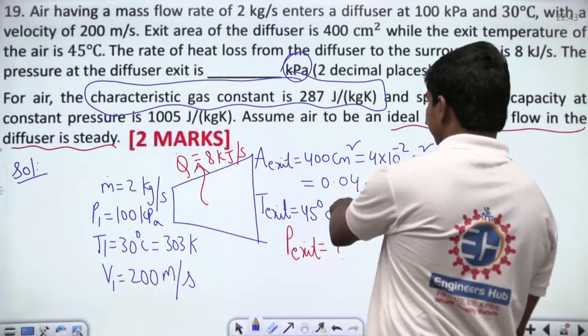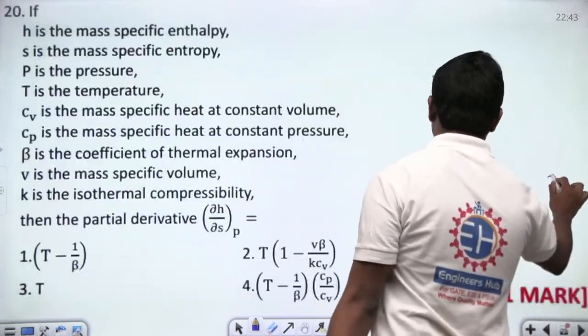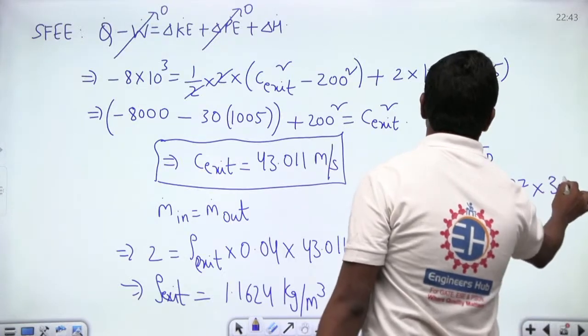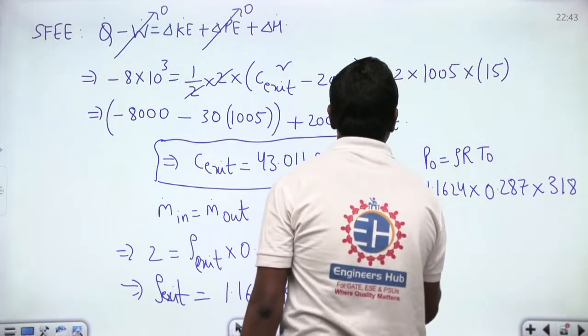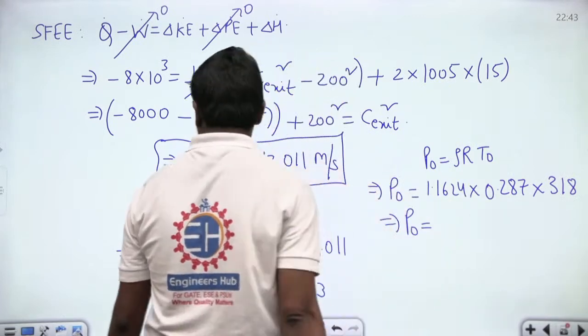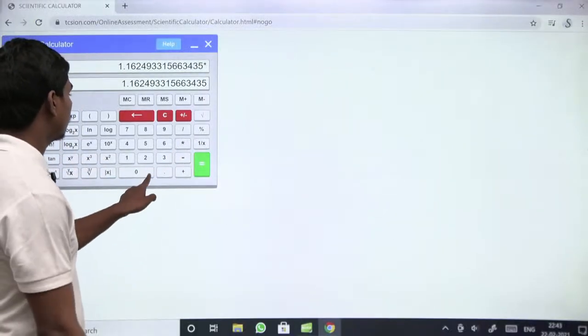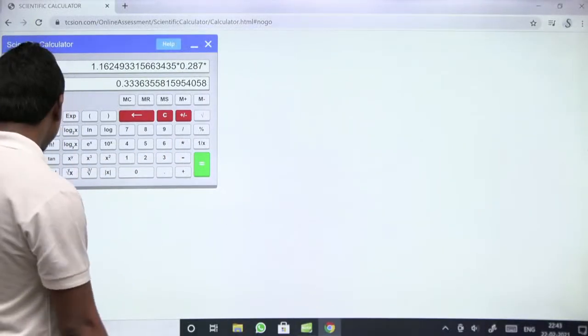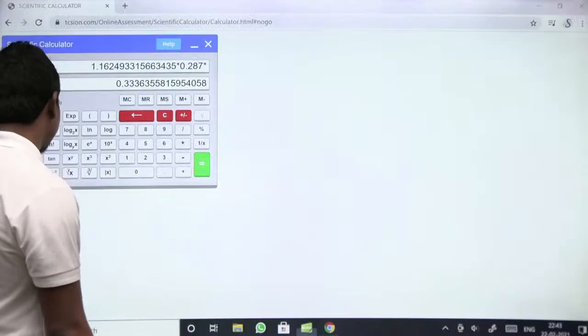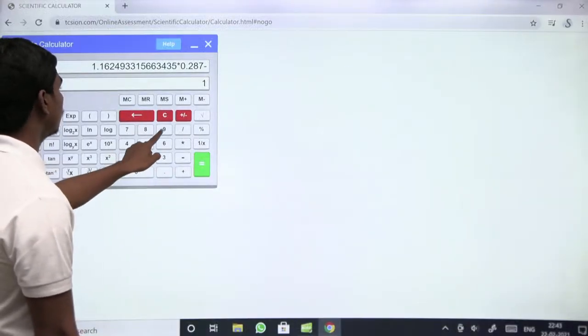What is the exit temperature that's available? 318 Kelvin. So P is equal to 1.1624 into 0.287 into 318.